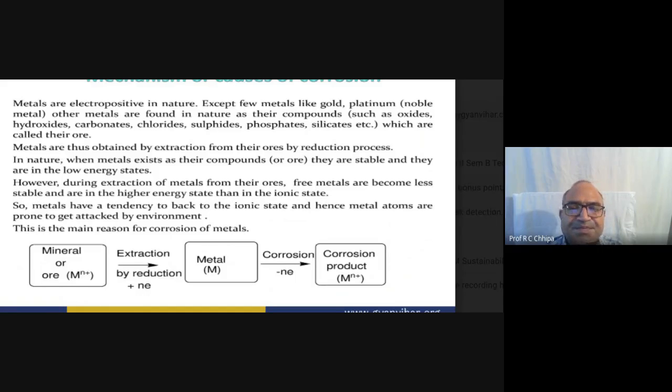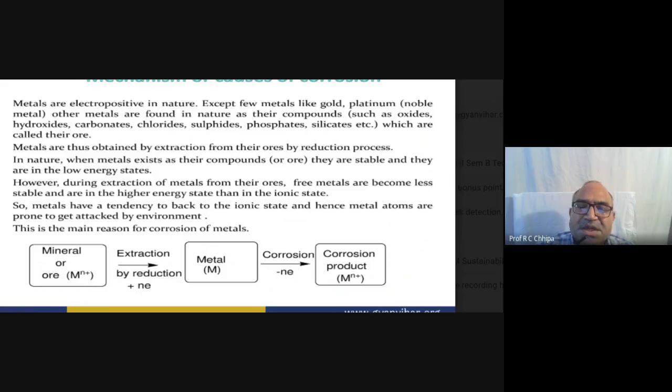Iron, copper, carbonate, tin, and various other metals, for example nickel, iron, chromium. So iron is in the form of oxide. In nature, the metals are present in their respective compound form.